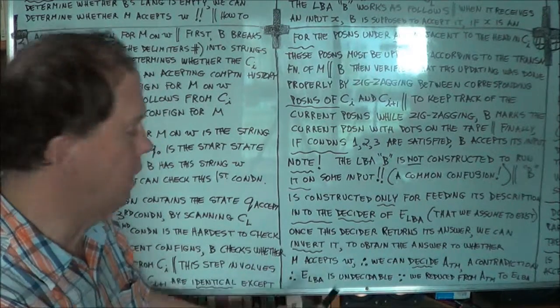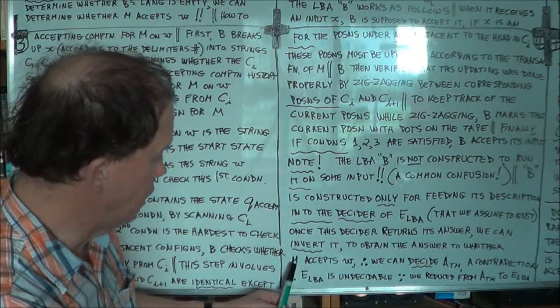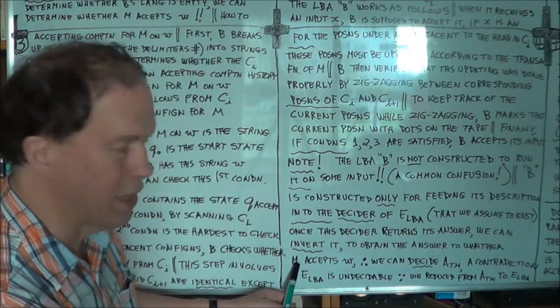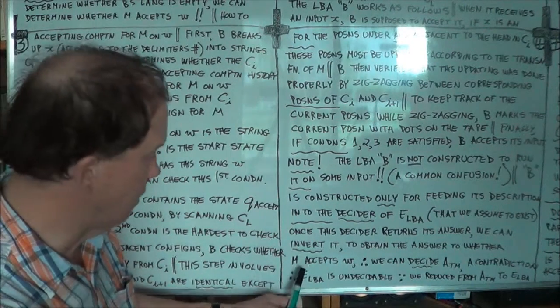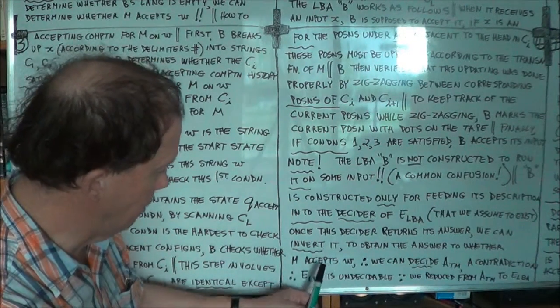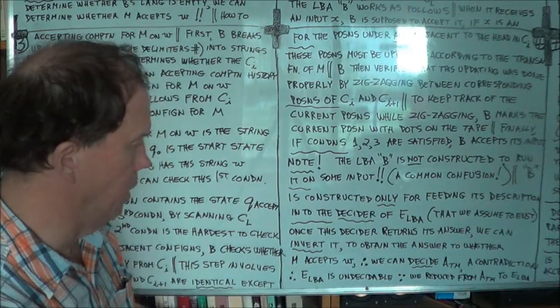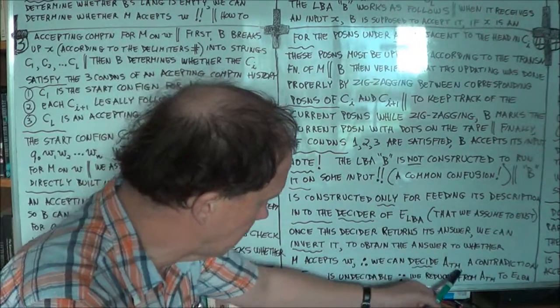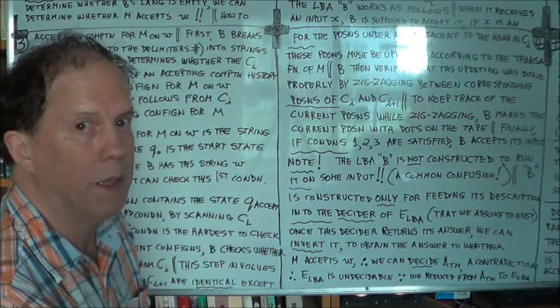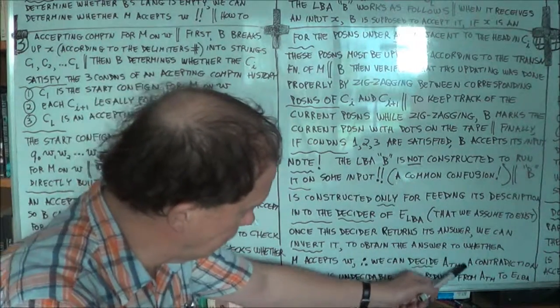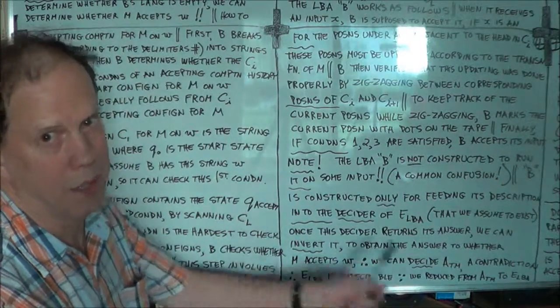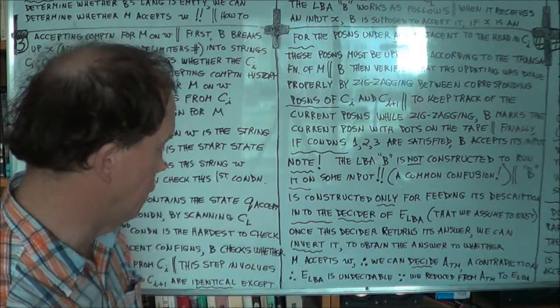So either way, we've got a decision. M will actually decide whether it accepts or rejects W. In other words, we can decide this language. And that's a no-no, because we know that this language is undecidable. That's our contradiction. Finally, we've got our contradiction.